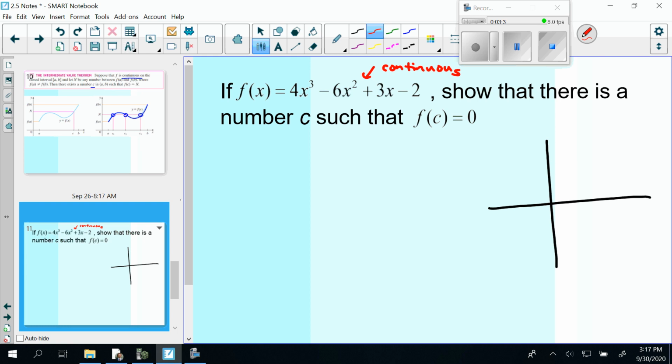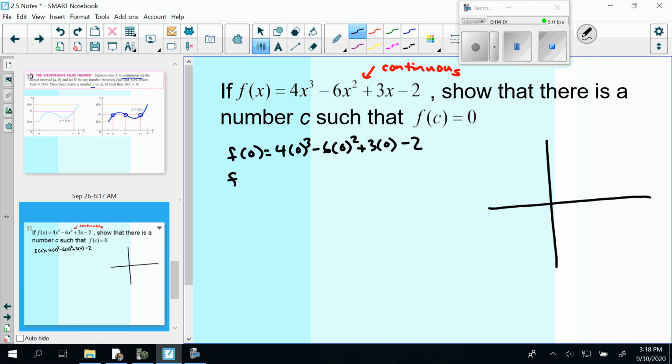So let's see if we can figure out a value that gives something negative. I think an easy one to see right here, if we were to plug in 0, we can easily see that putting 0 in here, this term will equal 0, because anything times 0 is 0.